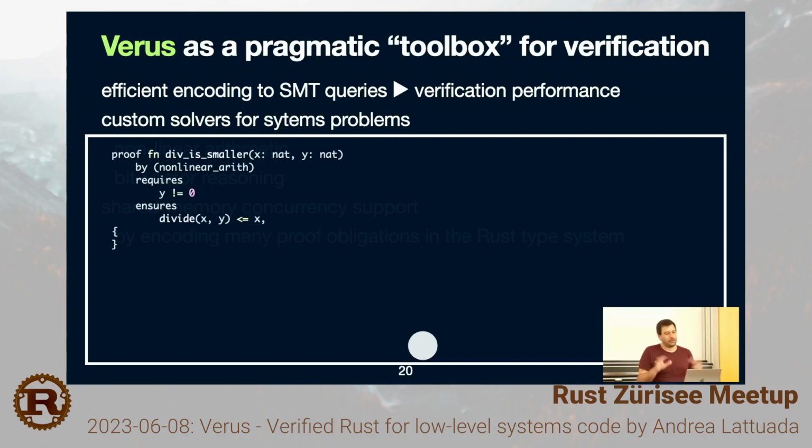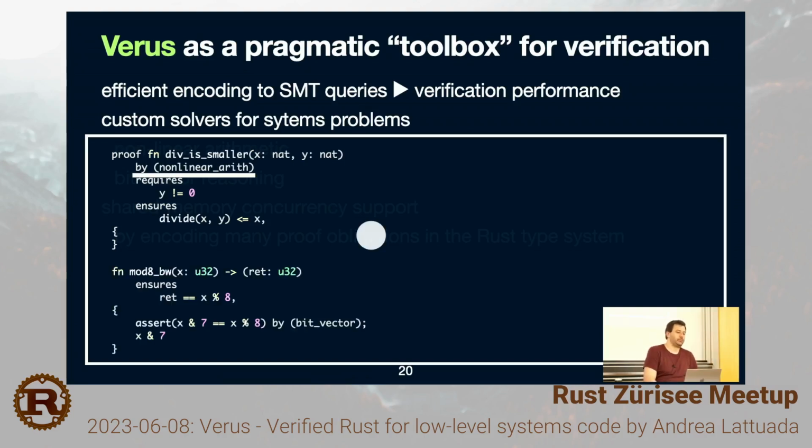And what I wanted to showcase here is what it looks like if you want to use a different prover. Here we're going to try to prove some property that if we divide x by y, then the result is smaller. We get to use the nonlinear arithmetic prover to do that, which is geared towards exactly that goal, and is hopefully more efficient. And then we can do bit vector arithmetic and do verification using that.